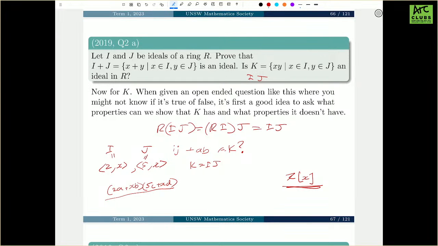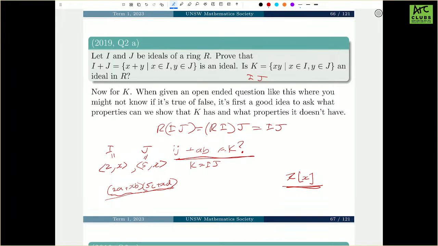Well, we naturally see that any element we form has these two divisors. So if we assume that this additive property holds, and then reach a contradiction, then we've shown that K is not necessarily an ideal. So we have that K is an ideal implies additive closure, and now we seek to prove that that can't possibly be the case.